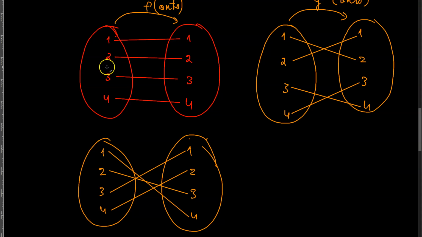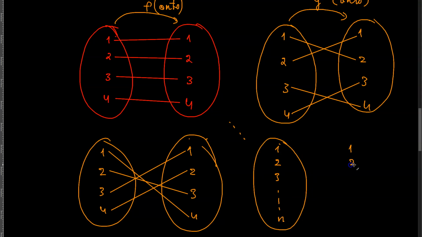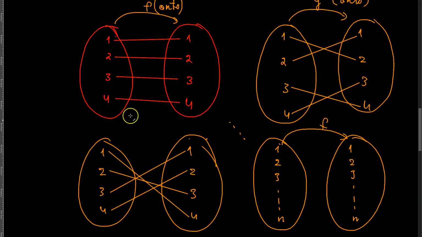If your set has 6 elements, then you go from 6 elements to 6 elements, and so on and so forth. Which means that logically, if your set has n elements, 1, 2, 3, all the way up to n, you go from n elements to n elements, which is again the exact same type of situation. So let's see if we can figure out in how many ways we can actually do this sort of thing.